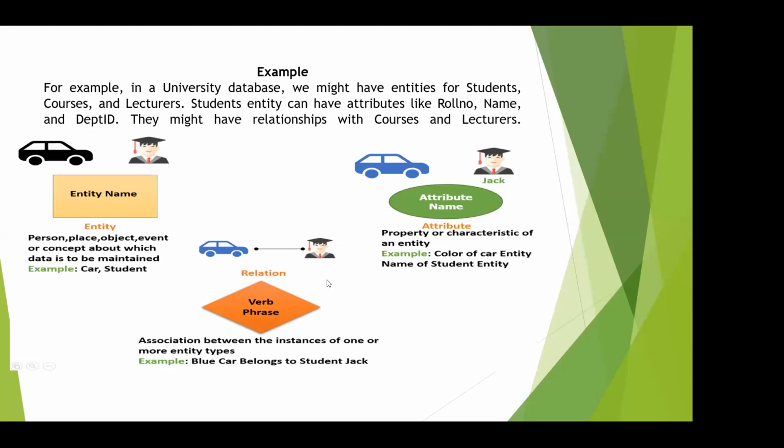It is known as a relation. Okay. The association between the entities, one entity or many entities. Okay. So again we are going to discuss the types of relationships in a later class, in the coming slides.